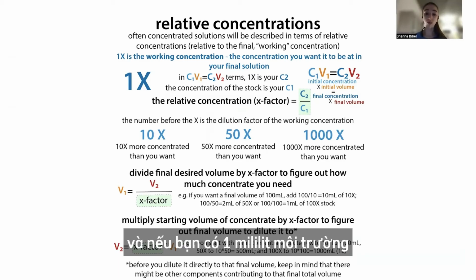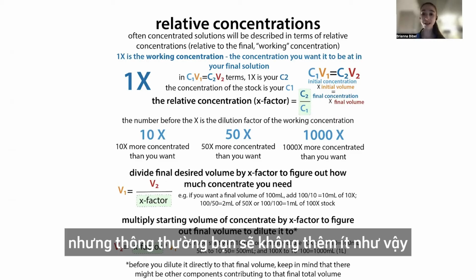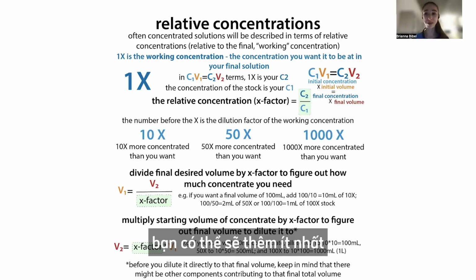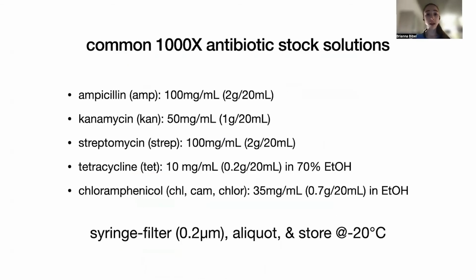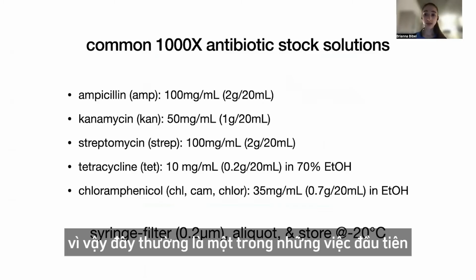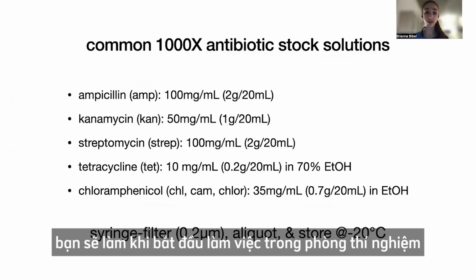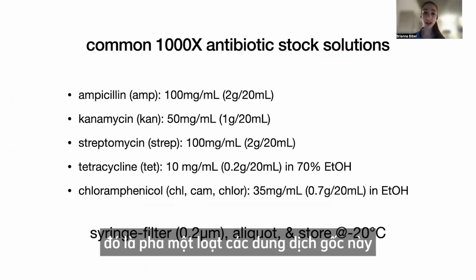And if you had 1 milliliter of media, you would add 1 microliter, but you wouldn't typically be adding that little. The least would probably be like 5 mL, which would then be 5 microliters. So it's one of the first things you'll probably do if you start working in this lab: making a bunch of these stock solutions.